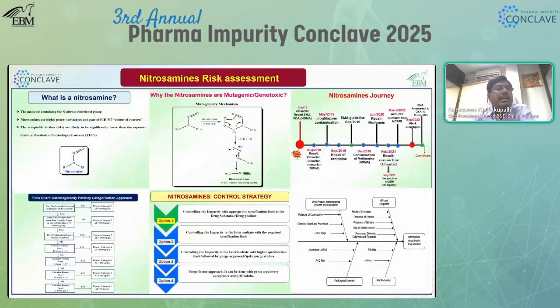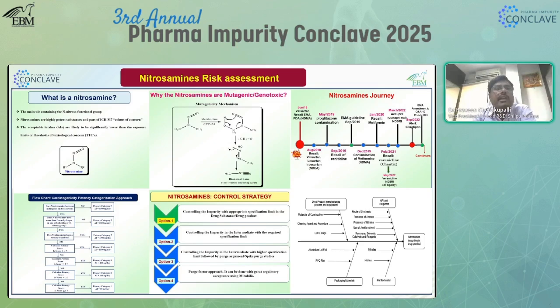Obviously, in one case, these nitrosamines are covered under ICH M7 as a cohort of concern, so they are highly carcinogenic, and because of that, for the last 7-8 years, all the pharmaceutical industries are facing difficulties in controlling the nitrosamine impurities.